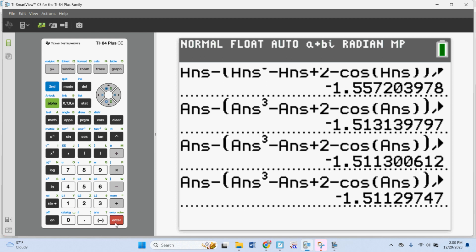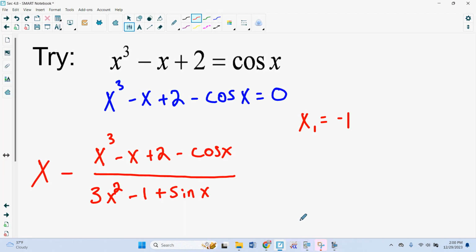There's my seventh, still changing. There is my eighth. So finally on my eighth term, before it changed, so my eighth term is negative 1.51129747.